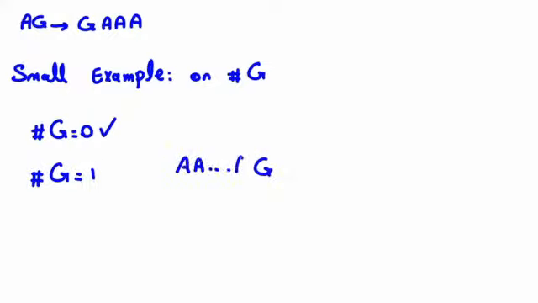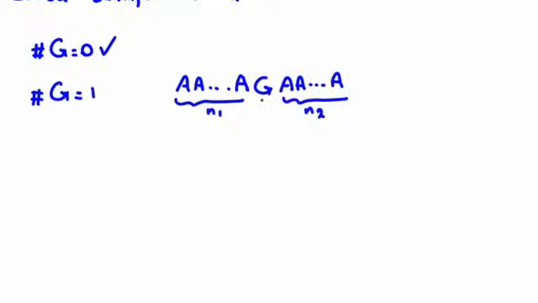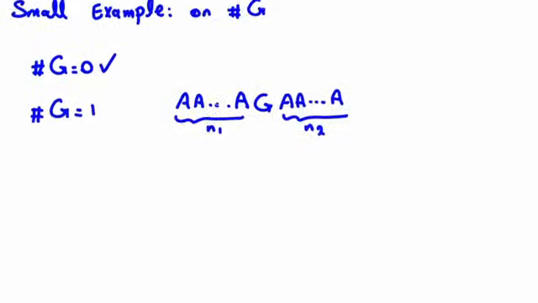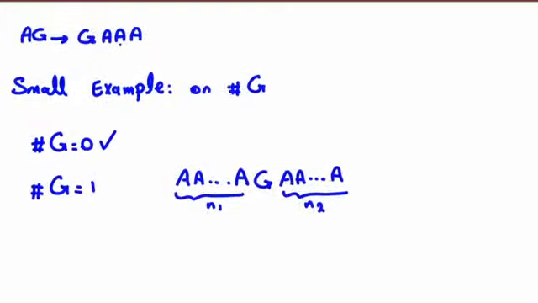Suppose you have some number of A's before G and some number of A's after G. Suppose here you have n1, here you have n2. Look, these n2 A's are useless. Why? Because you can only change AG to G with 3 A's. So in each step, if I apply this, I change, for example, this AG to GAAA.